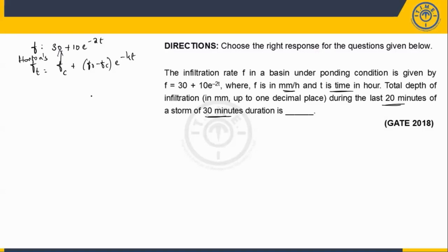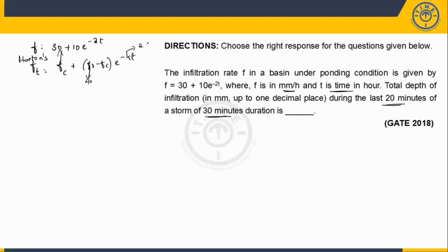F naught minus Fc is 10, so F naught is 40. Very good. K is how much? K is 2. Sometimes they will be asking such type of questions also, like how much is K, how much is F naught from this equation.